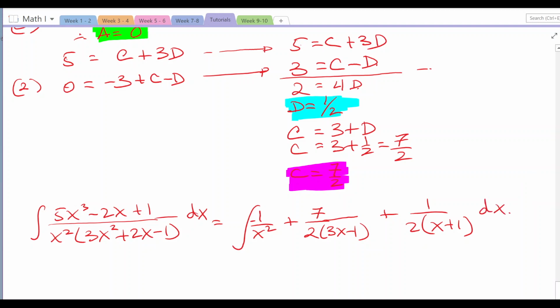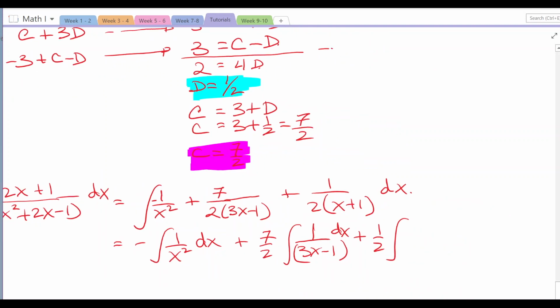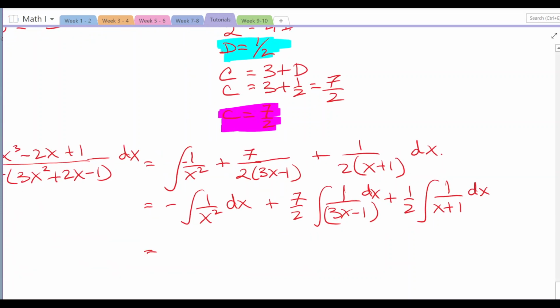So I think we can distribute the integral sign. This is the same as the integral of negative 1 over x squared dx, plus the integral of 7/2 times 1 over 3x minus 1 dx, plus half the integral of 1 over x plus 1 dx. So the integral of negative 1 over x squared is simply 1 over x.